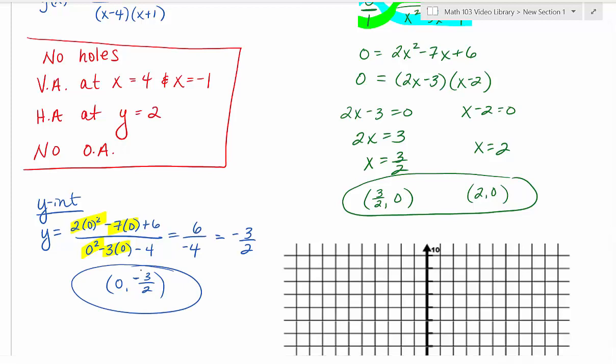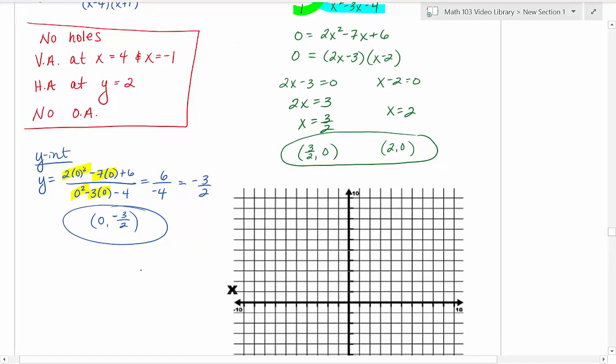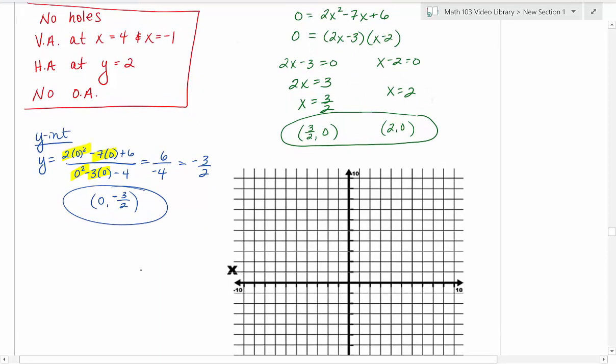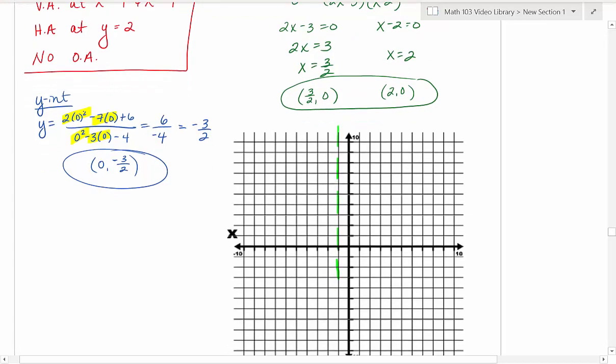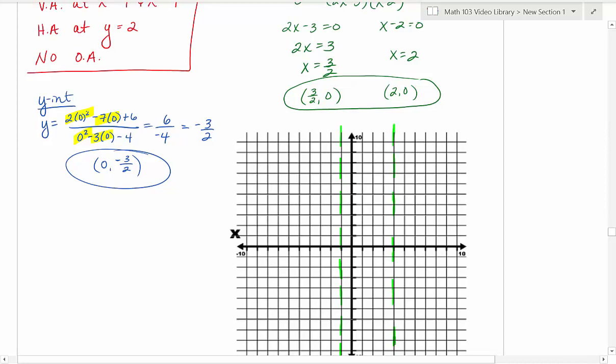At this point, we want to plot all of the information that we have. So we have two vertical asymptotes, one at x equals negative 1, another at x equals 4, and then we have a y-intercept at y equals 2.